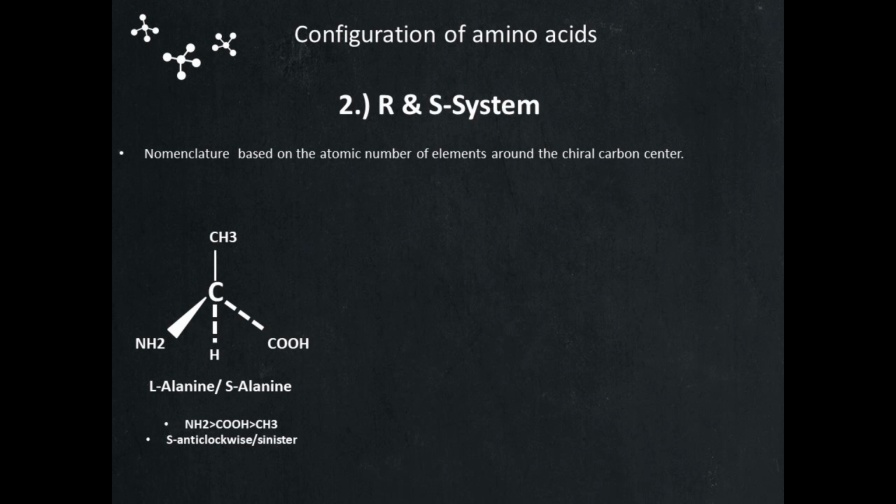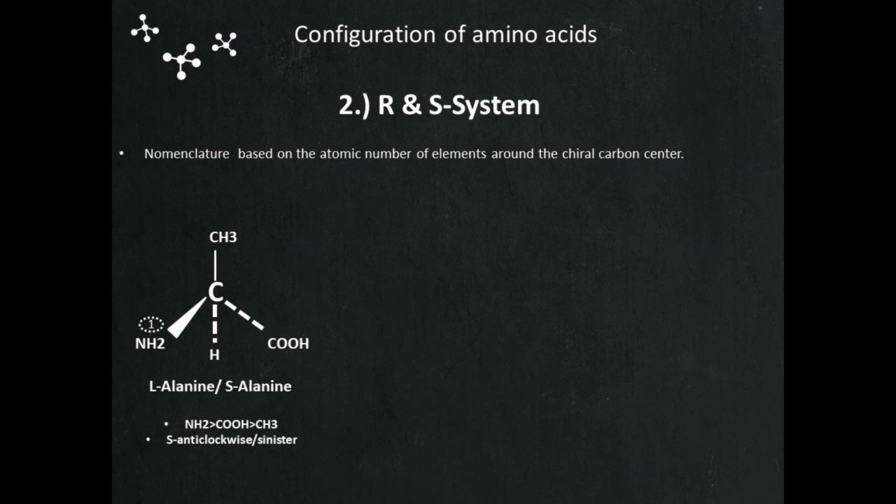Here we can see that the nitrogen present in the amino group has the highest atomic number, so we assign the number 1 to the amino group. Then we have carbon on both the side chain as well as the carboxyl group.